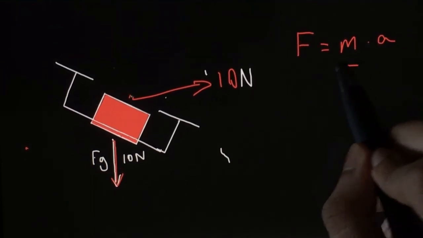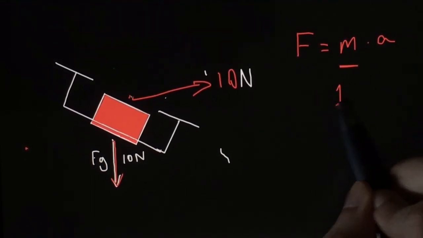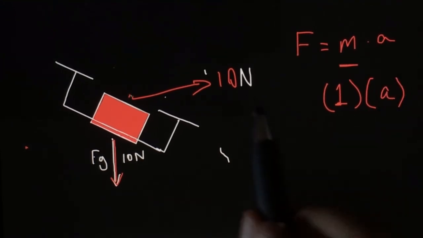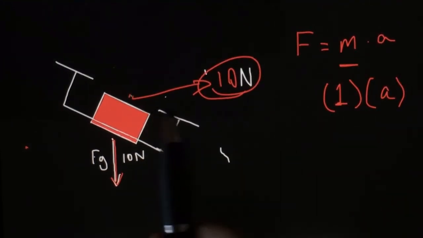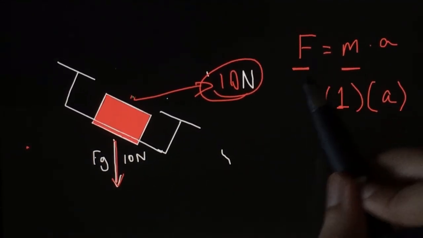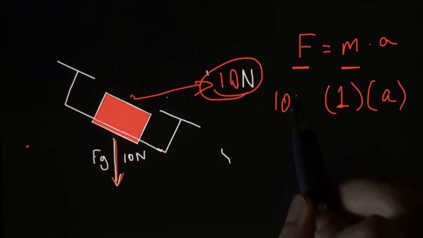And we know that the mass is still 1, and there's a. We need to find out how fast this drone is accelerating to the right. And we know that F is equal to 10 newtons.